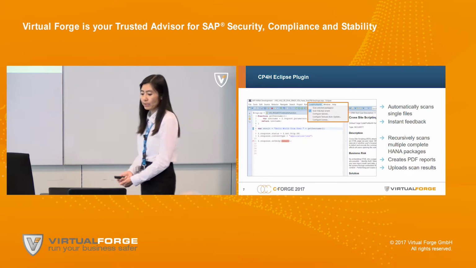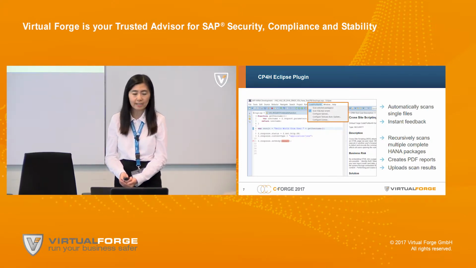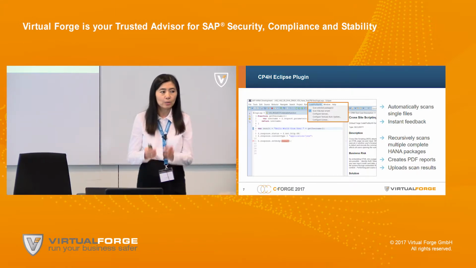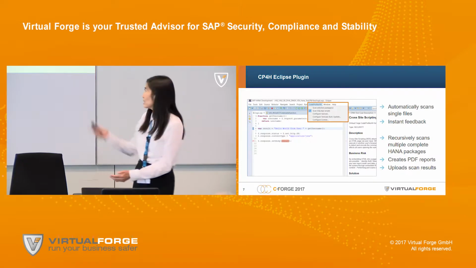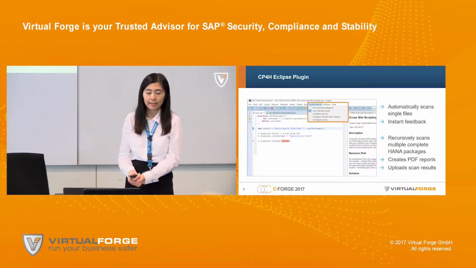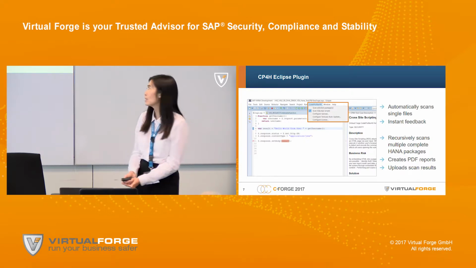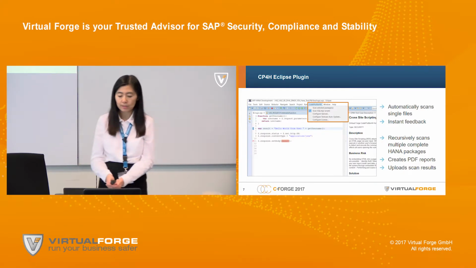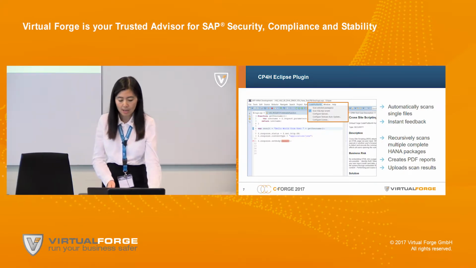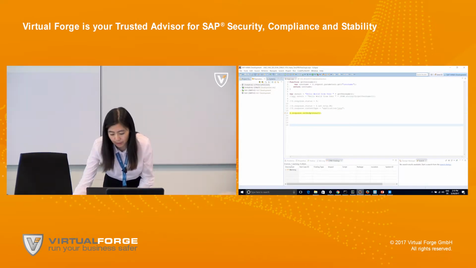With Eclipse plugin, you have two use cases. You can automatically scan the source file, which is currently in your editor, like here, and the code which is vulnerable will be highlighted. And you can also scan complete packages with the plugin. So let me show you the plugin in action.